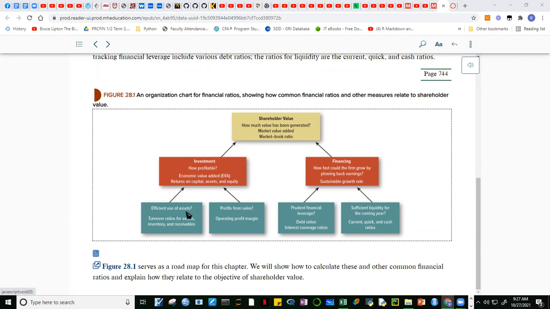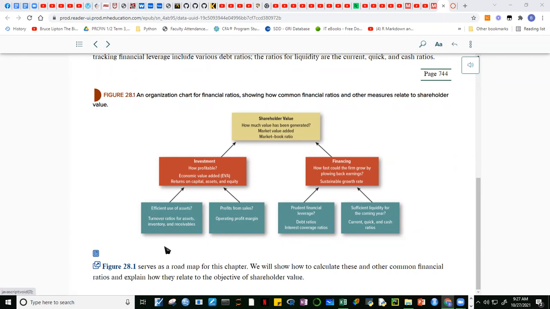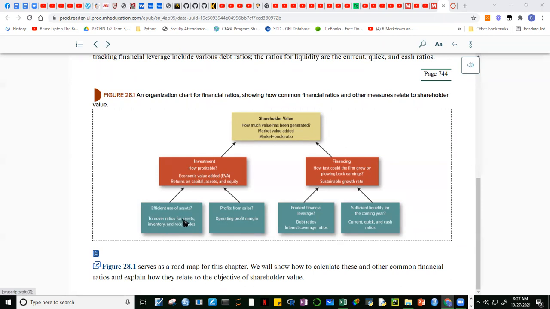How efficient is the firm in using its assets? How are we to answer this question? We can answer it by looking at certain ratios, like turnover ratios for assets: inventory turnover, receivables turnover. And also we look at the profitability of the firm based on operating profit margin. So these are two important questions that deal with investments.